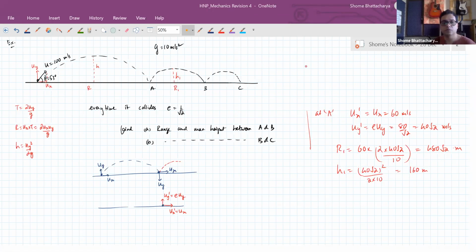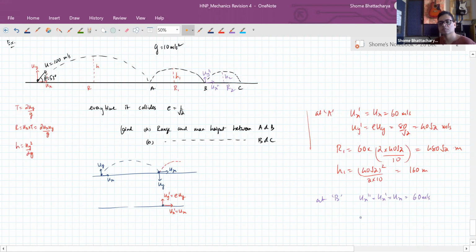and second time around what will happen is, if here this is uy double prime and this is ux double prime, so this is the height and this is the range, so this remains conserved, but this component becomes e times uy prime or e times uy, so it will get further multiplied by a factor of root 2.